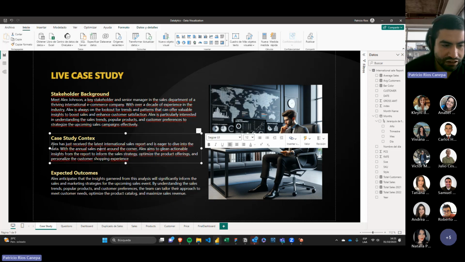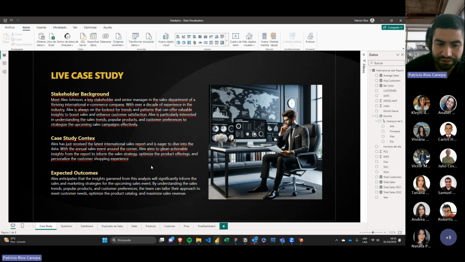The context is that Alex just received the latest sales report, and he wants his data analyst to dive deep into the annual sales and also get insights so we can communicate to our stakeholder what's been going on with the sales, so he can make a strategy off of it.